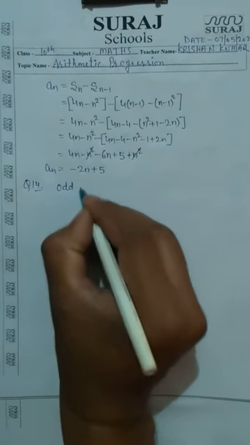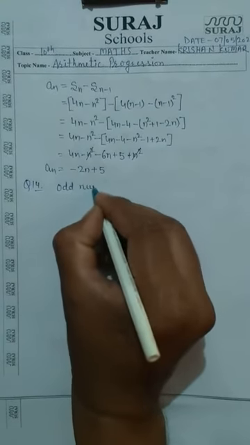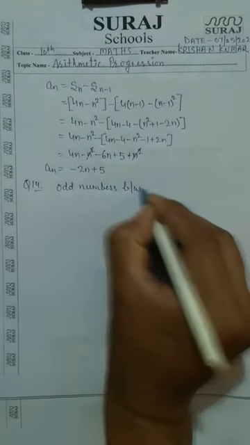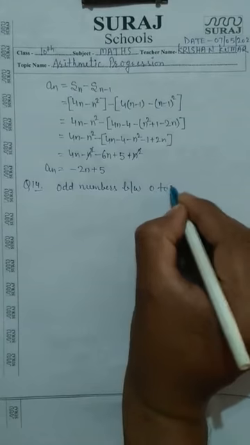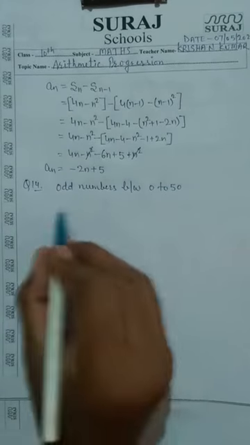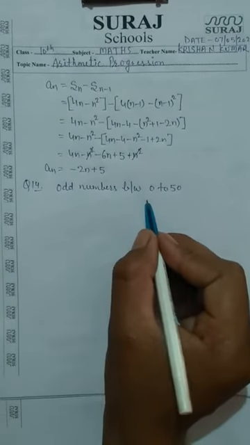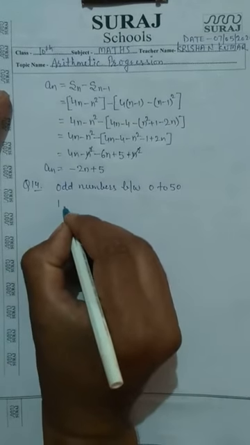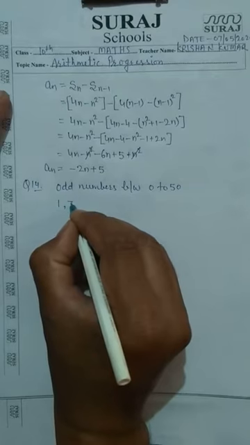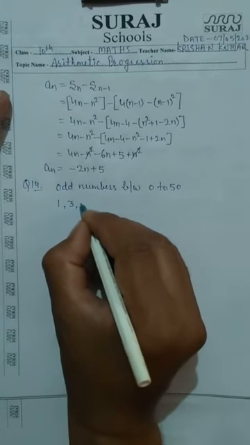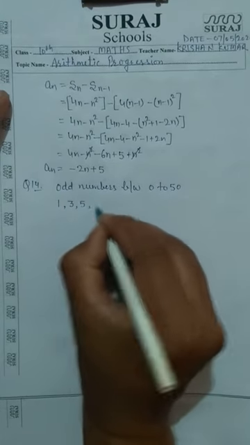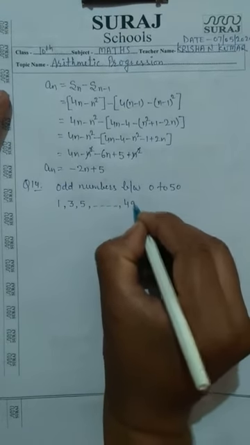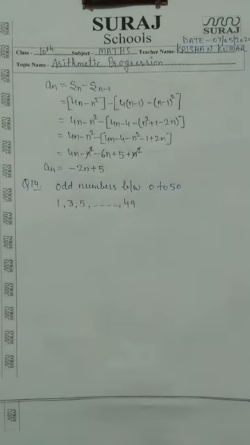Odd numbers between 0 to 50. So beta, whatever odd numbers we have between 0 to 50, that is our AP. So where will the starting be, beta? From 1. 1, next is 3, next is 5, and so on, and last is 49. Last is 49.